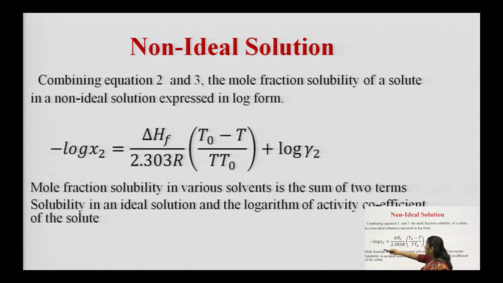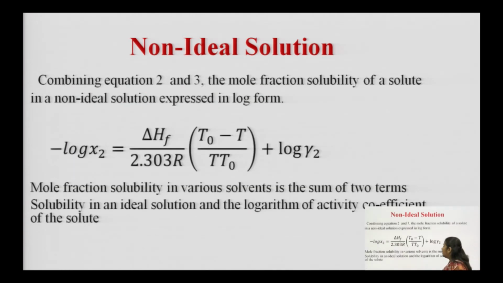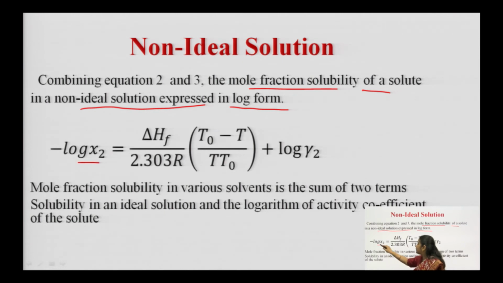Now, if we combine these two equations, equation 2 and equation 3, we get the equation for the mole fraction solubility of the solute in a non-ideal solution: minus log x2 is equal to delta Hf divided by 2.303 R, times T0 minus T divided by T into T0, plus log gamma 2.